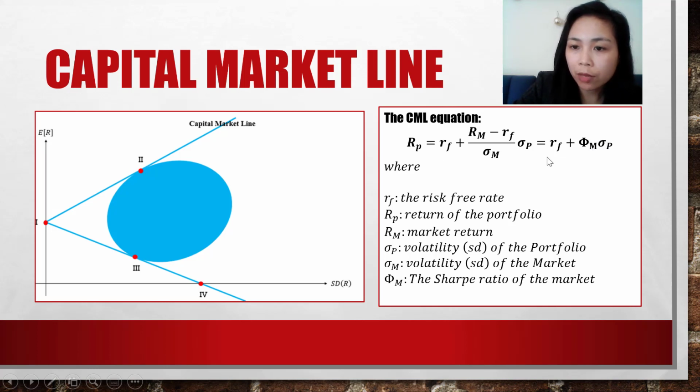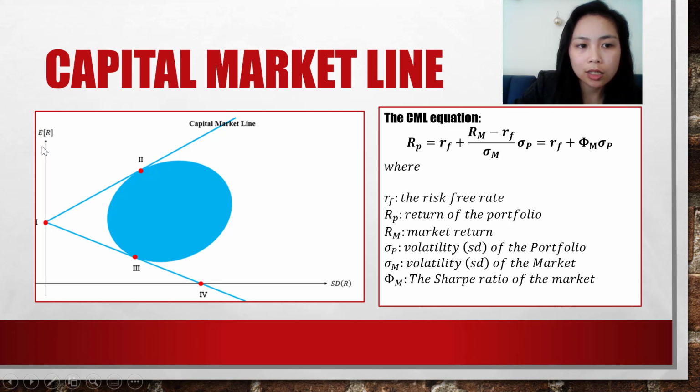So this equation makes a connection between RP and sigma P, and if we sketch this equation on the coordinate system, we can use the volatility as the x-axis and RP as the y-axis. That's why when you look at the graph here, I use R or P, it doesn't matter. R and P are both for portfolio.